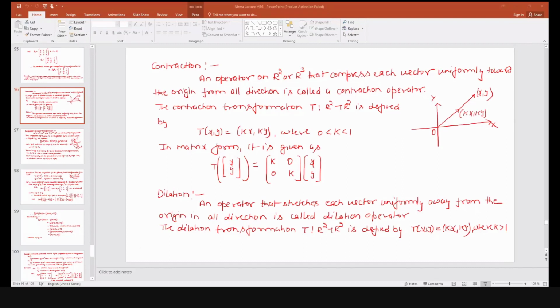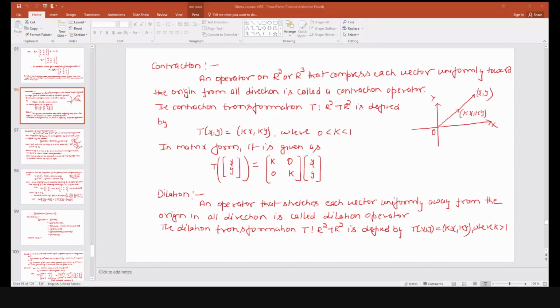In matrix form it is given by the matrix with k, 0, 0, k. That is the standard matrix of the contraction operator with factor k.